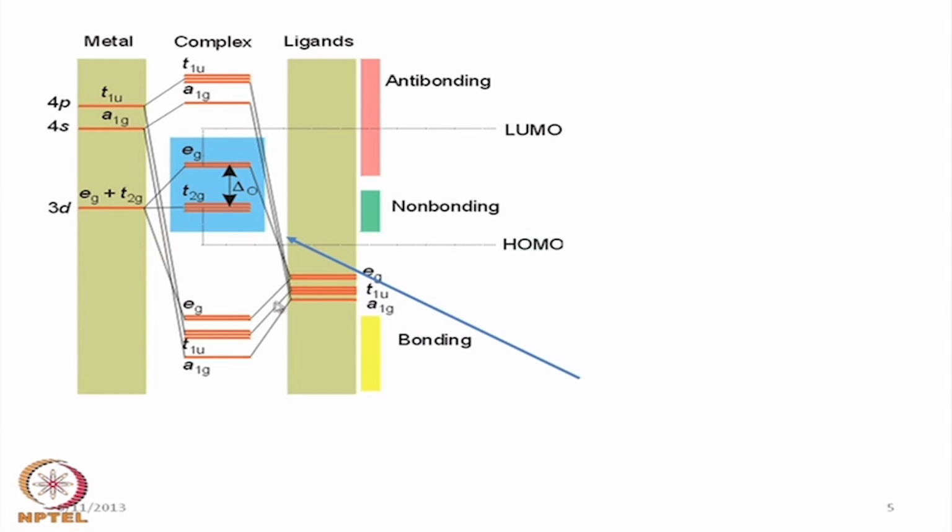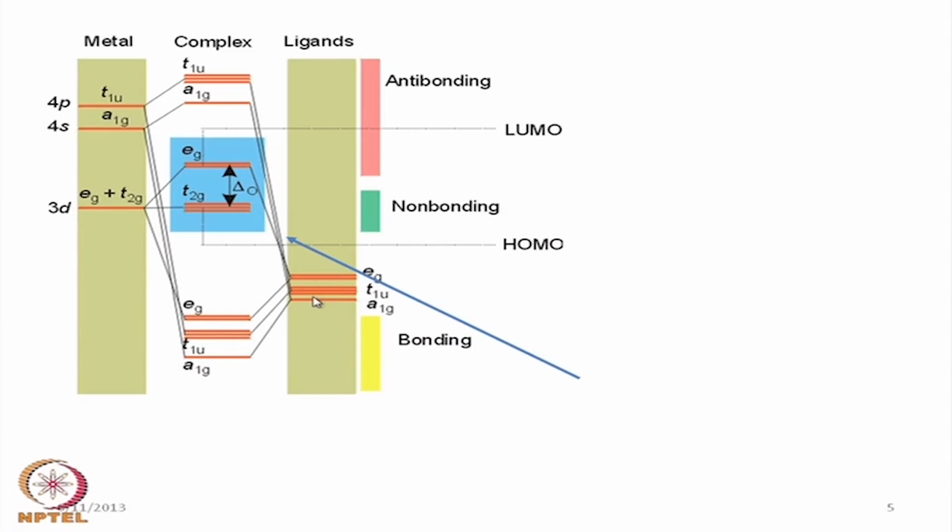The only thing is that, due to this interaction, we have some stabilization, and that stabilization makes these two sets of orbitals the bonding molecular orbitals in terms of the sigma bonding interactions. So, this yellow shaded line for the bonding part of the molecular orbital diagram is coming from these four orbitals from the ligand side.